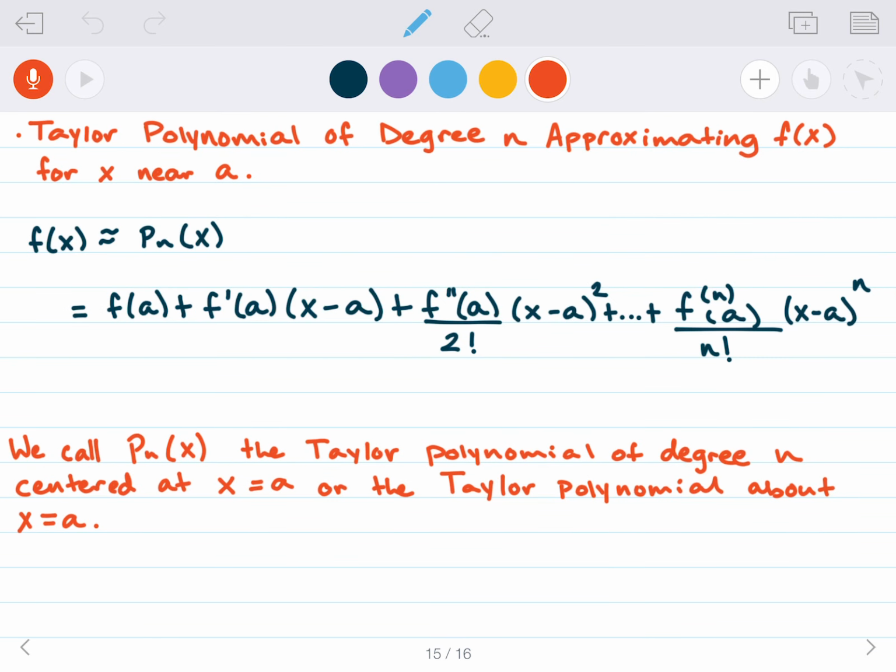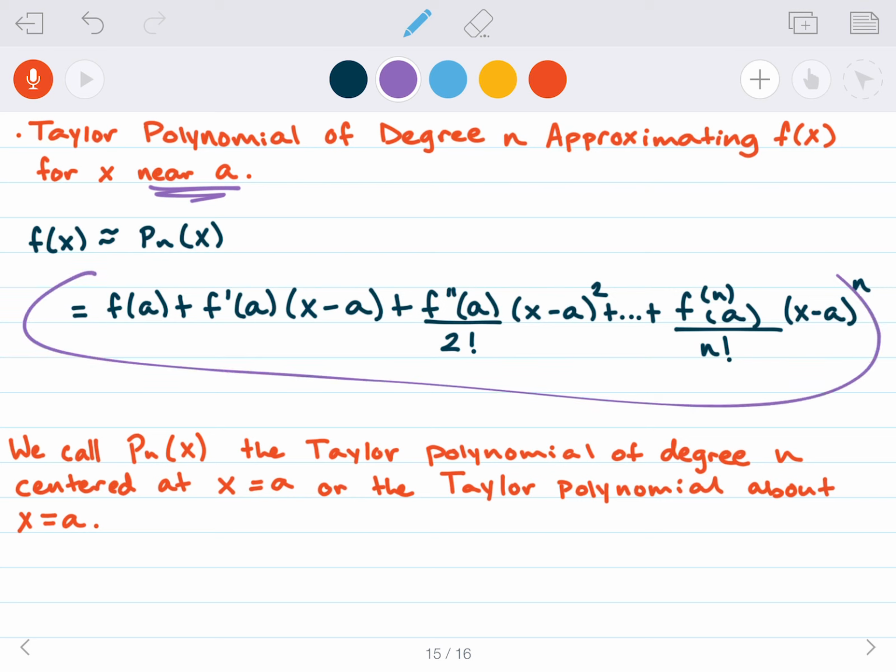Okay, so this is basically the same formula as we had before, but we've been talking up to now about x values near 0. Now we're just going to talk about x values near a. So not necessarily 0, but could be another number such as 1, 2, 3, whatever. Notice that this formula is the exact same formula as before, except instead of a, we had 0, right?